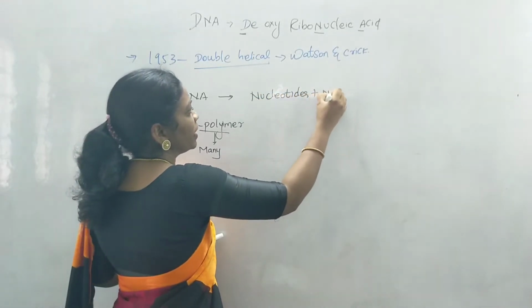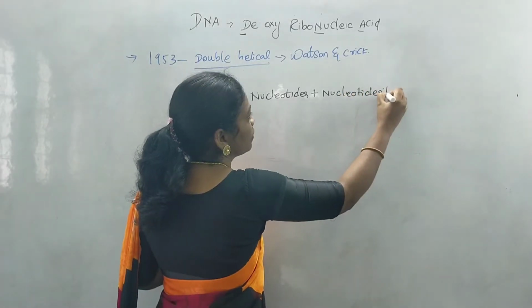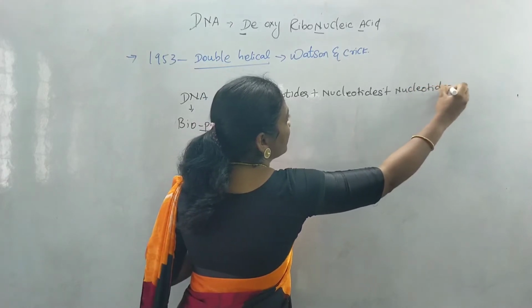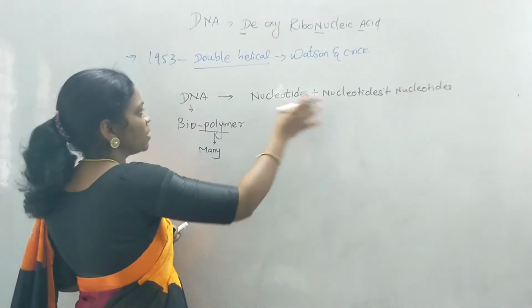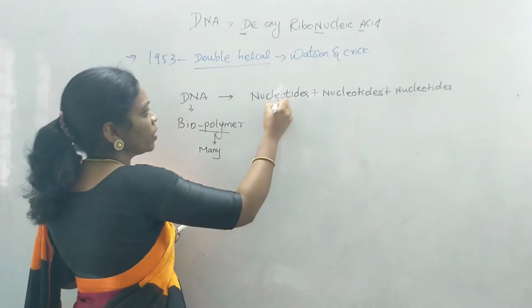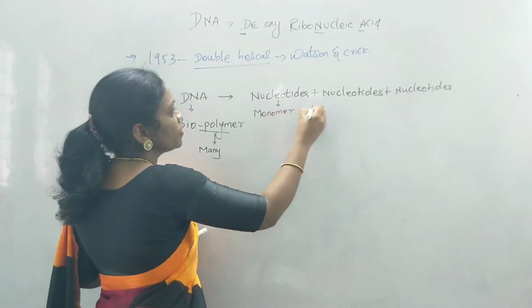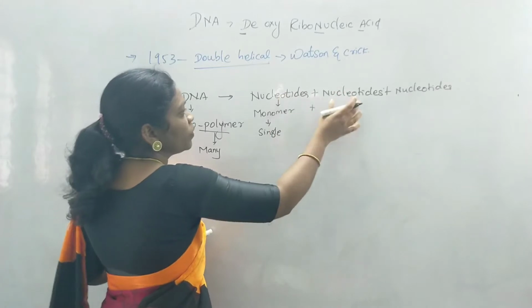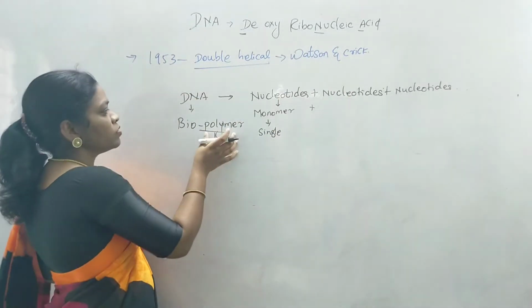When these nucleotides are added continuously, they form a complete chain, and this chain forms the DNA. One nucleotide is known as a monomer, where mono means single. Many nucleotides combined form a chain structure known as a polymer.